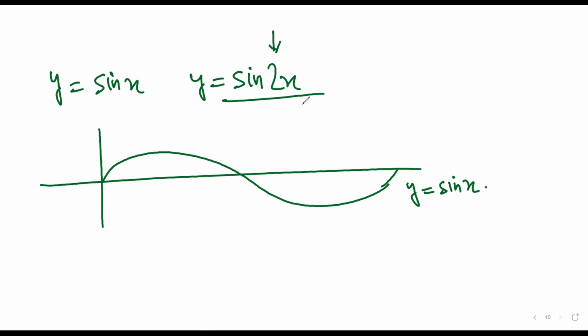Now I'll give you a few examples. Let's hope it starts making sense to you. I put the value of x is equal to 45 degree. The value of y is 1 by root 2. I put the value of x is equal to 30 degree.